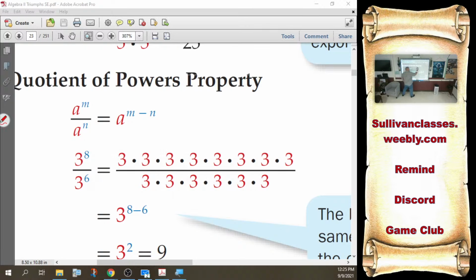If I have 3 to the 8th over 3 to the 6th, that's dividing, right? And I said there is no such thing as dividing. So if there's no such thing as dividing, do you remember what we said we actually do? I don't divide by 2.